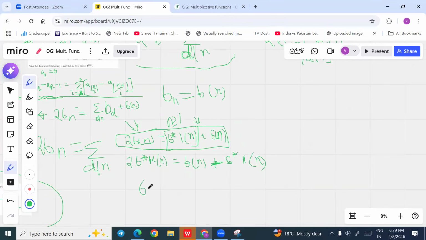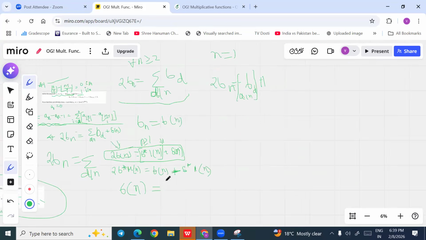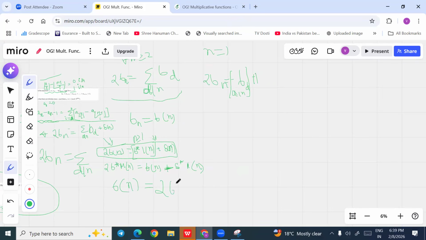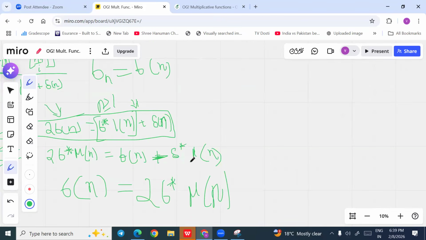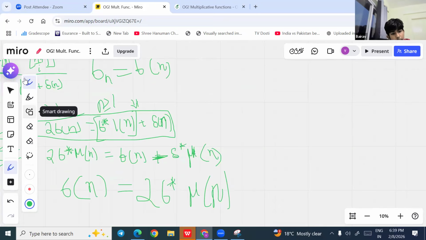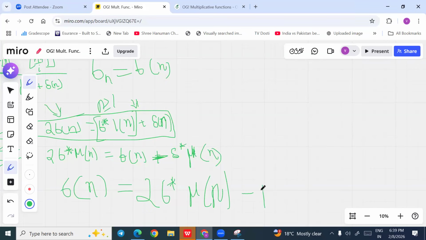And then you'll get b of n is equal to 2b times mu n minus Dirichlet with Mobius of n. What? Dirichlet into Mobius is Mobius. Yeah, it's Mobius, exactly, since it's the identity. So if I take this to this side, I'll just get b of n is equal to this.